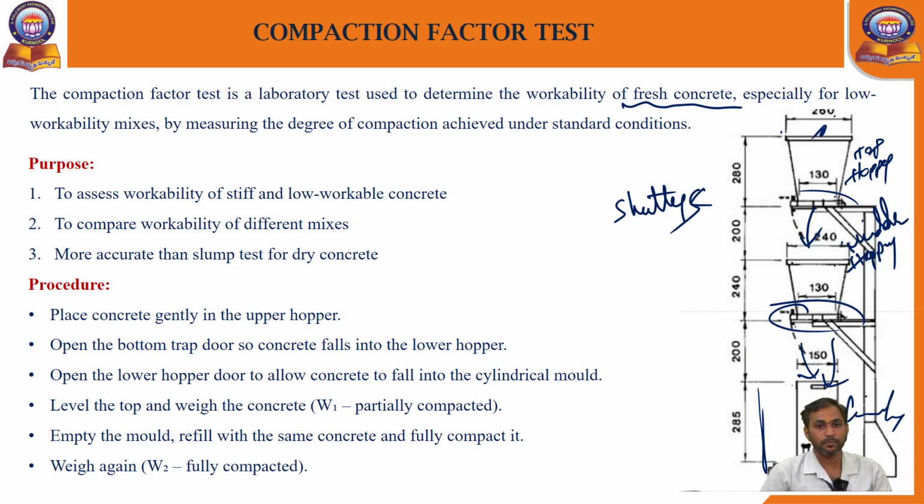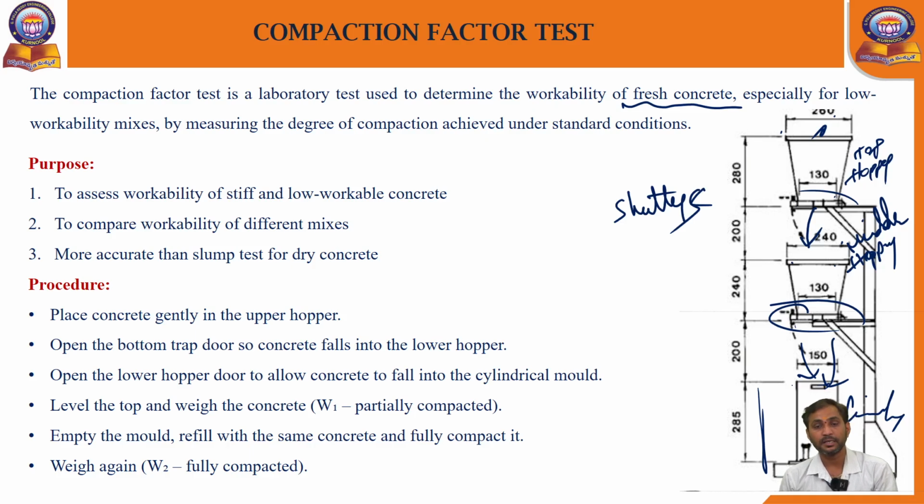Next, the procedure: how it has to be done. I have just explained the procedure. First, place the concrete in the first hopper, then open the shutter and the concrete is placed in the second hopper. Again you open the second hopper shutter, and the concrete is easily transferred into the cylinder. Do this process for 1, 2 or 3 trials.